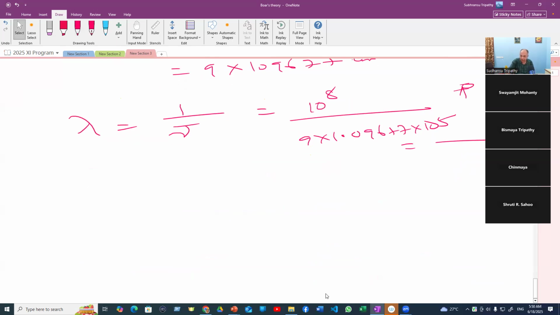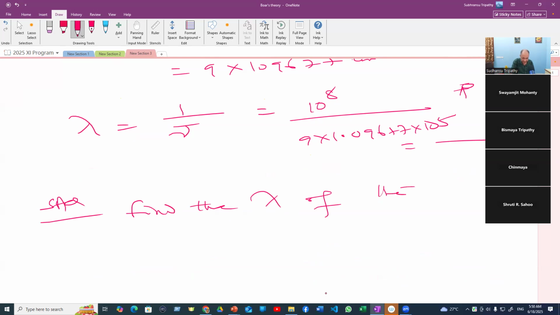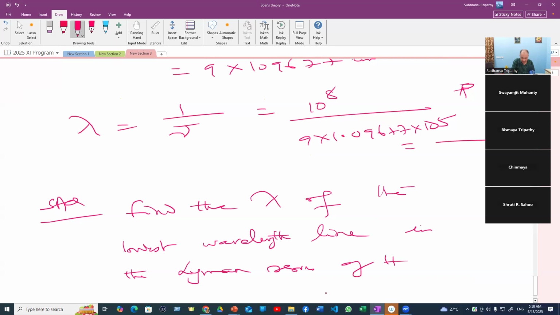Supposing I give you a question and give you some time: find the lambda of the lowest wavelength line in the Lyman series of the hydrogen atom. So the lowest wavelength is in the continuum region.